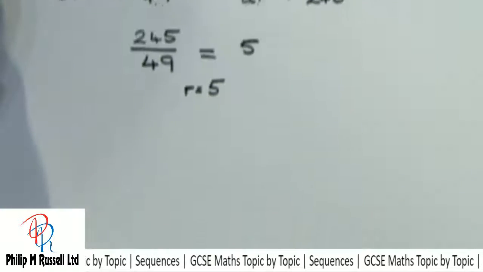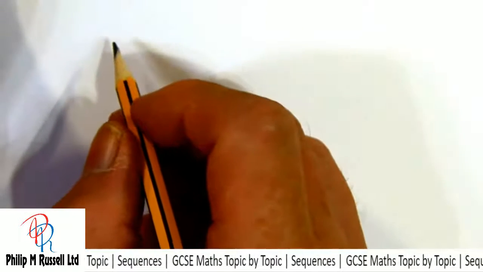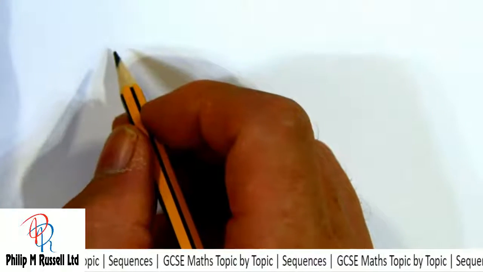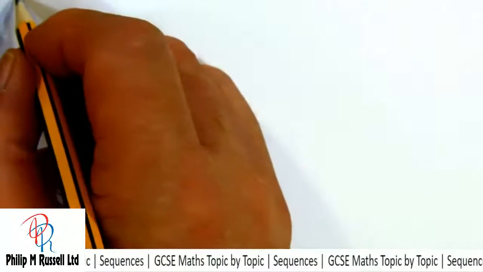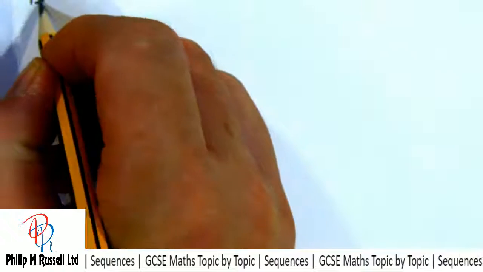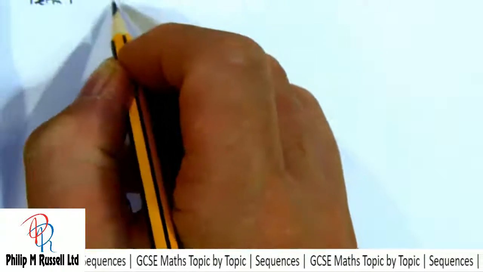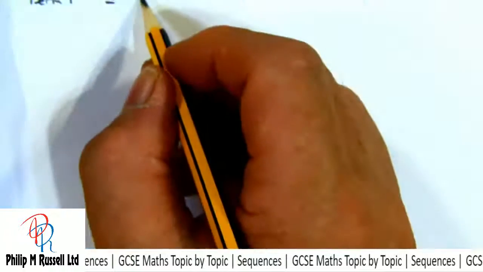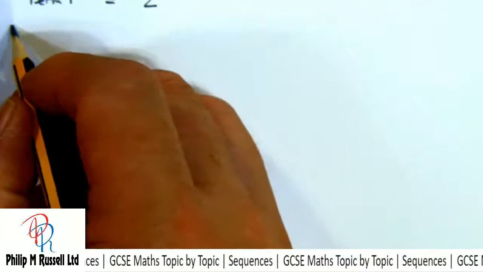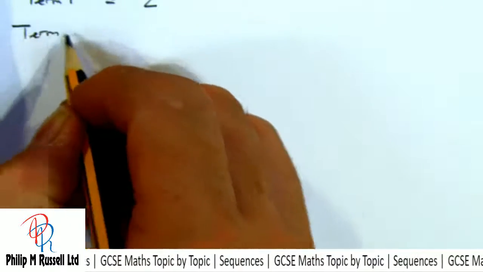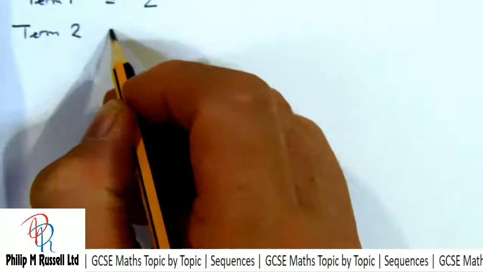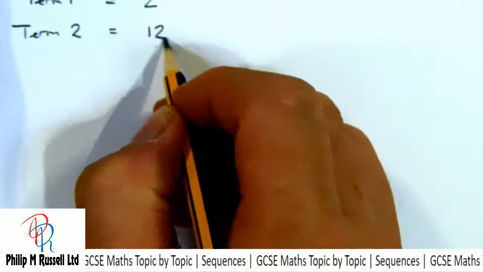Let's do another problem. And let's suppose the first two terms in a geometric progression are going to be something like 2, and term 2 is going to be 12.